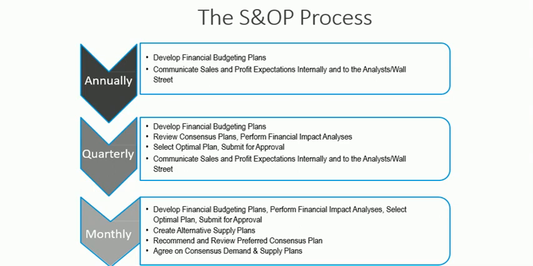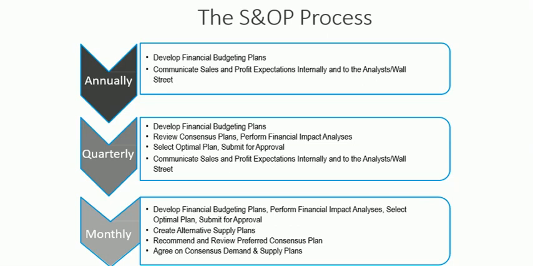Then on a quarterly basis, you should again develop the financial budget plan. You should monitor your growth, your sales processes, and the number of products sold. Then you should select an optimal plan and submit it for approval to the management if the sales are less than the expectations, or the inventory or demand is not balancing. Then you should also review the financial plan again along with the salesperson, as there are unforeseen things in life that can impact the sales, actual demand and results of the organization.